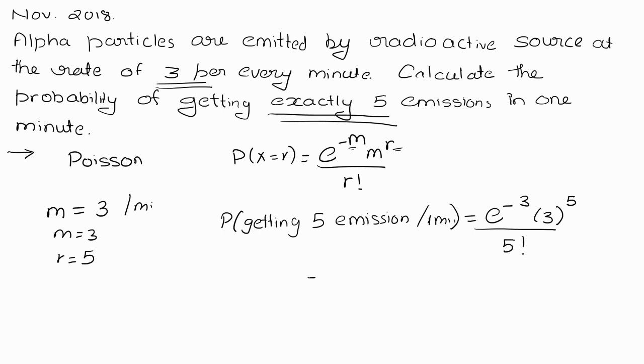Okay, and this e raised to minus 3 comes out to be 0.0498, into this 3 raised to 5 is 243, divided by 5 factorial which comes out to be 120, and the value is 0.1008. Okay, so this is the required probability.